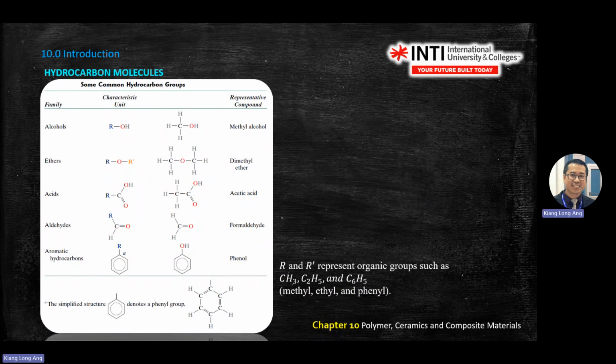So if you are building this one, or your question gives you this symbol, you need to convert this one into this one, right? So this one will be given in the question or in the appendix at least. So if you see a ring, then you need to convert the ring into 6 carbon and 1, 2, 3, 4, 5, 5 hydrogen.